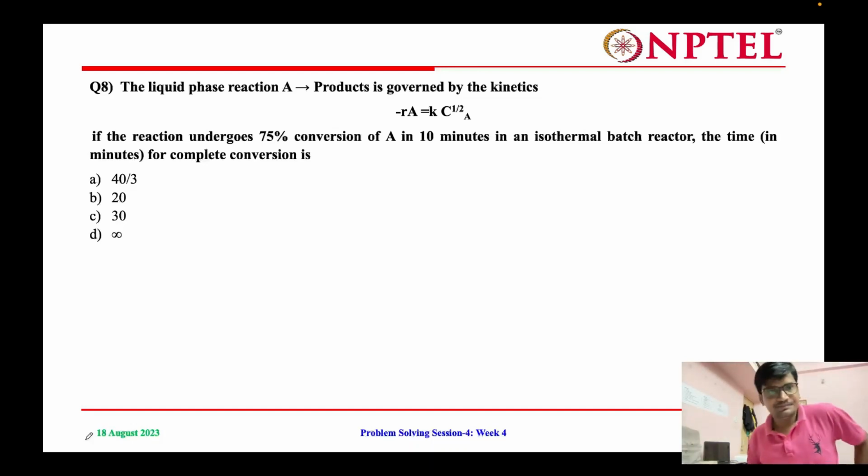Question number 8. The liquid phase reaction A gives products and is governed by the kinetics r is equal to K C A to the power 1 by 2. If the reaction undergoes 75 percent conversion of A in 10 minutes in an isothermal batch reactor, the time for complete conversion is?